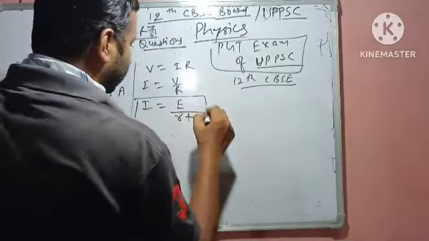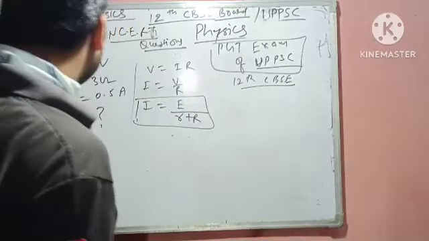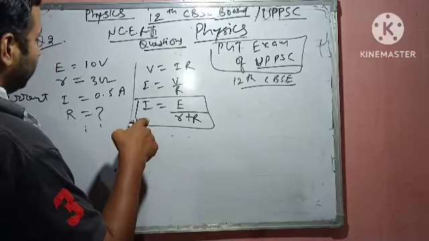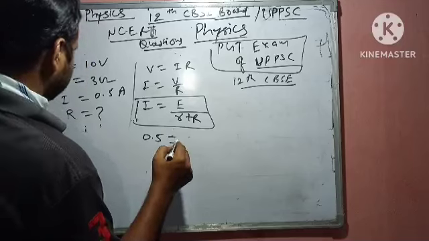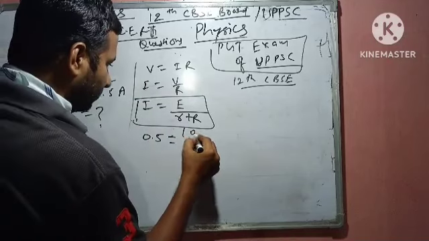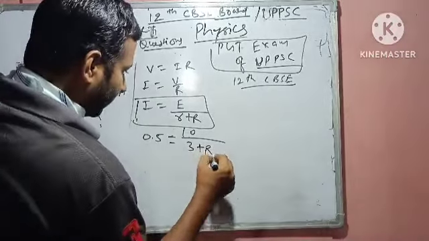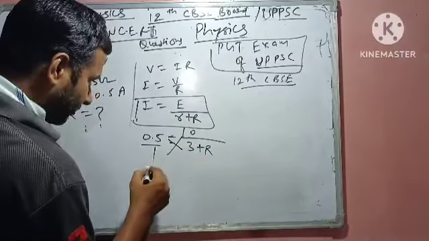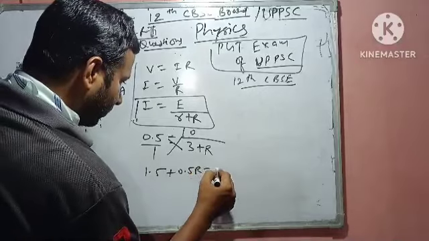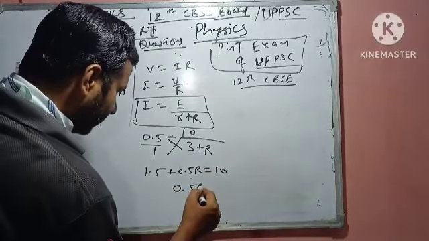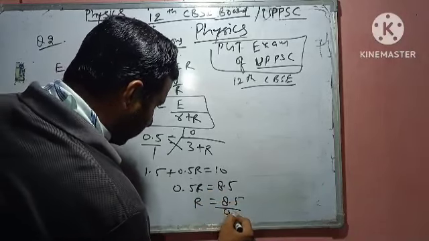Then we put in the formula the values of E, r and I. I is equal to 0.5, E is equal to 10 volt, r is equal to 3 ohm. We have to find capital R. Cross multiplication: 1.5 plus 0.5 R is equal to 10, then 0.5 R is equal to 8.5, then R is equal to 8.5 upon 0.5.